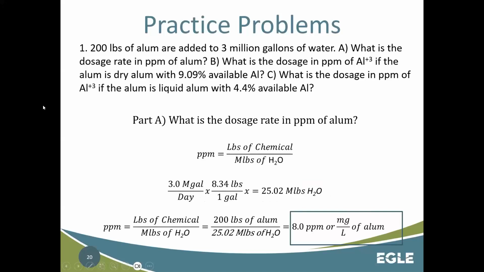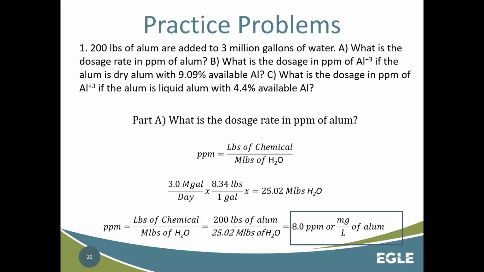Okay, so here we go, jumping into a little bit more complicated problem. See if we can put some of the steps we've learned in the previous problems to work here. 200 pounds of alum are added to 3 million gallons of water. We've got a multi-part problem here. Part A, what is the dosage rate in ppm of alum?